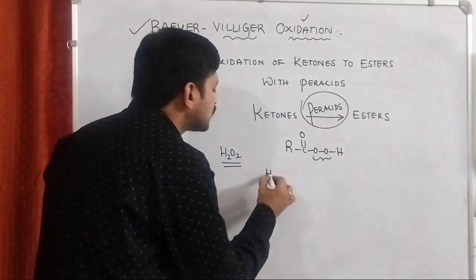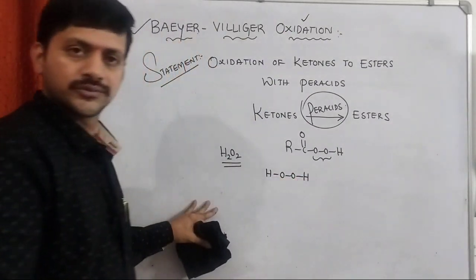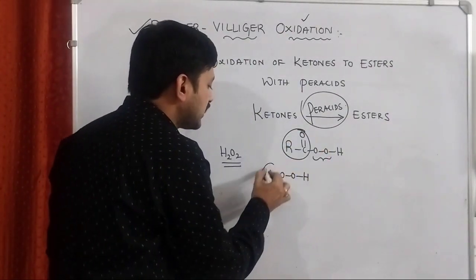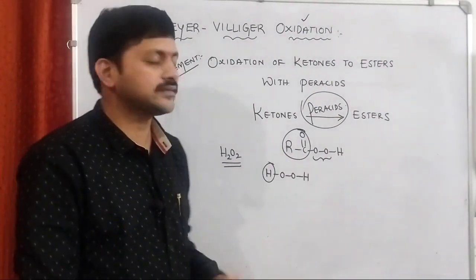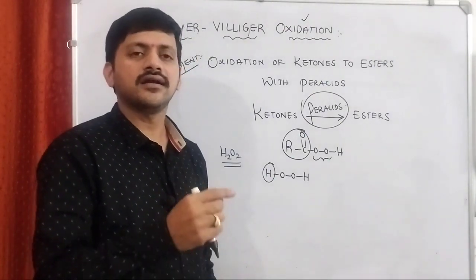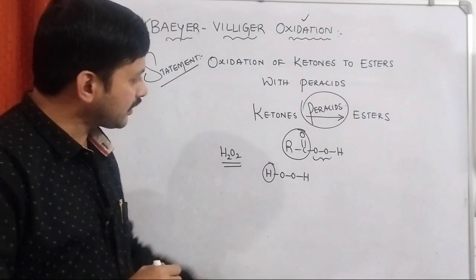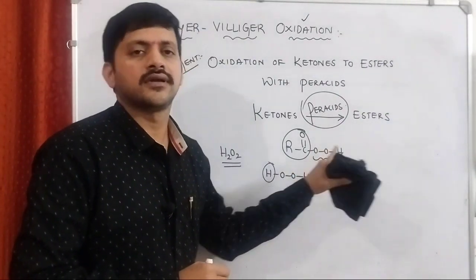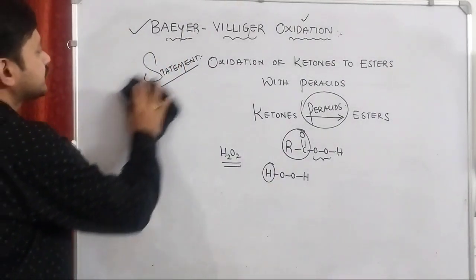We can represent this as H, oxygen, oxygen, H. Here one of the hydrogens is replaced with an acyl group. Then that is commonly called a paracid. Already we know that acids easily give protons. These are also acids. These can also give H plus ions. Let us see the general equation.